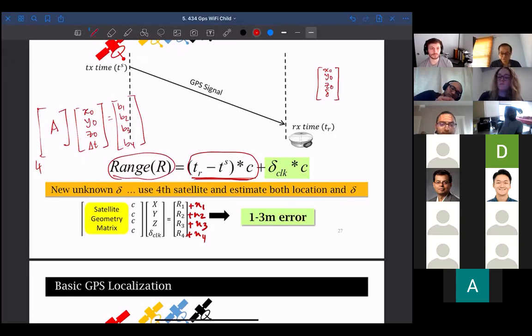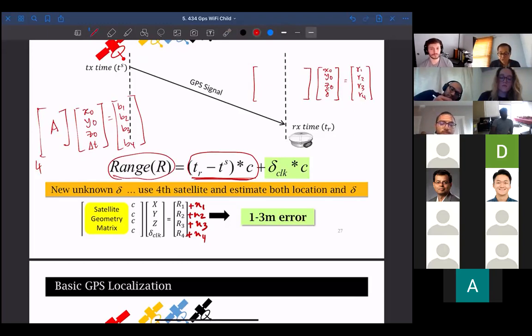You have 4 equations from 4 satellites. And what are those 4 measurements? R1, R2, R3, R4. R1 is your measurement.